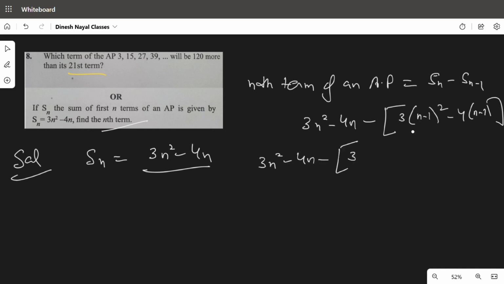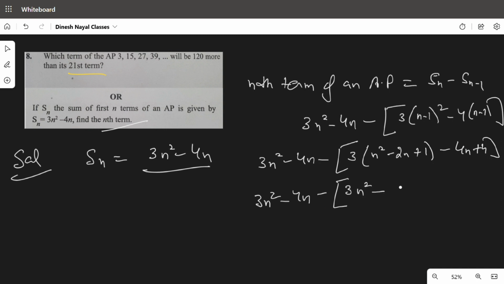Solve the bracket first. Using the (a minus b) whole square formula, a square minus 2ab plus b square, this is n square minus 2n plus 1, and minus 4 into minus 1 is plus 4. So this is 3n square minus 6n plus 3 minus 4n plus 4.